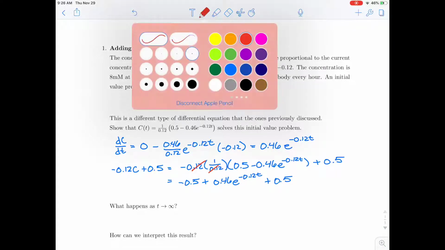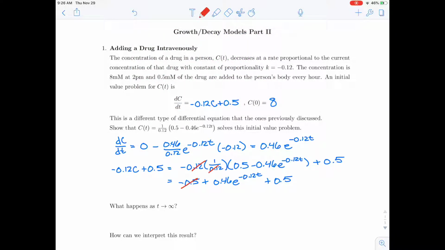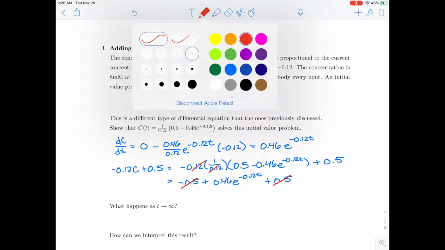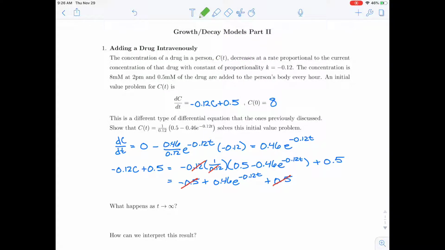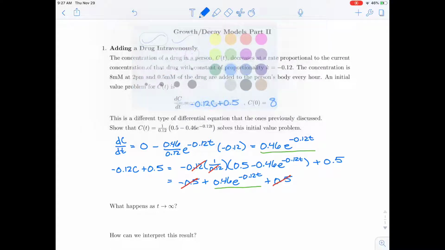And we see that the negative 0.5 and the positive 0.5 cancel, and therefore negative 0.12 C plus 0.5 is just 0.46 e to the negative 0.12 t. But that matches what we got for the derivative, and therefore the proposed solution that I gave you is actually a solution to the differential equation.